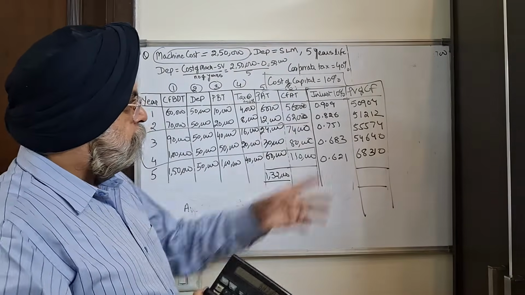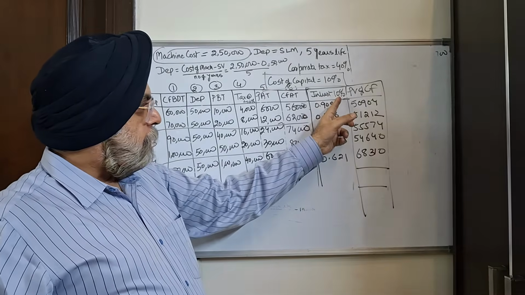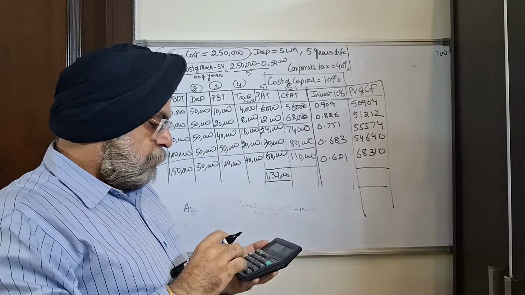These are the present value of cash inflow at 10%. So I am adding all the things.